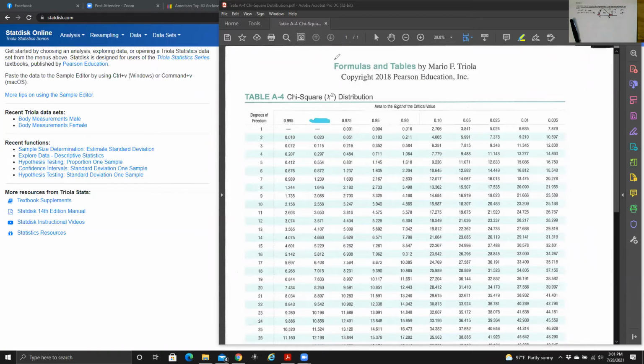All right, let me use a different color. Let's try yellow. All right, 0.99 will be here. Or better yet, let's just circle it. And 0.01, that's here.